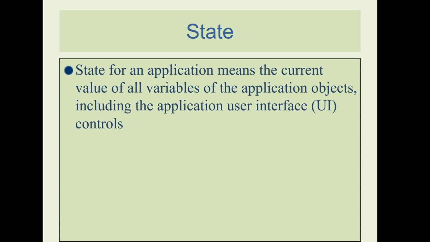And this includes also those user interface controls that can be shown on the browser. So whatever is the state of the application, it depends on some variables that are apparent in the server side, but also some controls or their data that is being shown to the user.